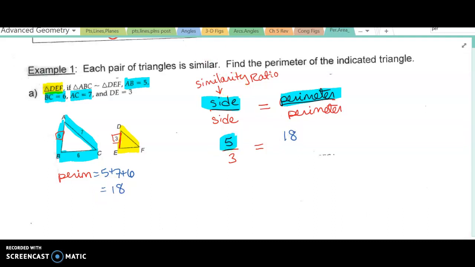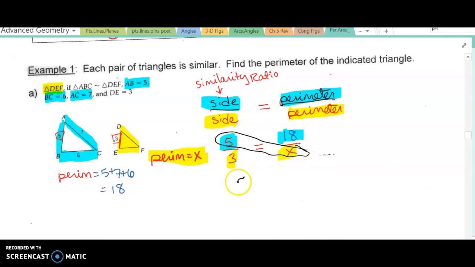So this is 18 compared to, on the yellow triangle, we have 3 compared to, we don't know. We don't know the perimeter of the little yellow triangle. All we know is that it is proportional to the blue one. So that's what we're solving for. Let's call this X instead of question mark. When you have equal ratios, one strategy is to cross multiply.